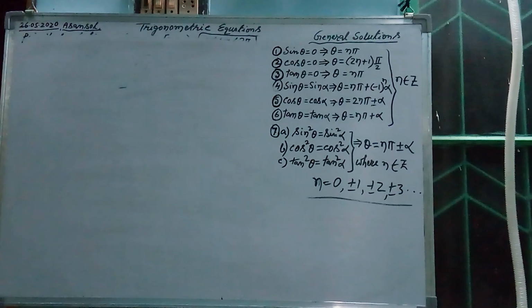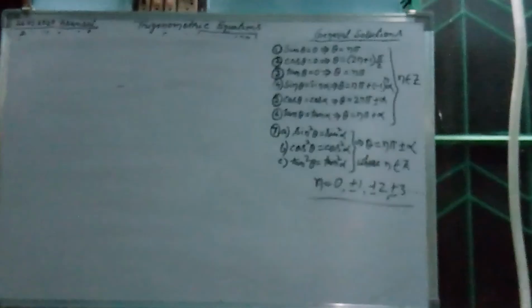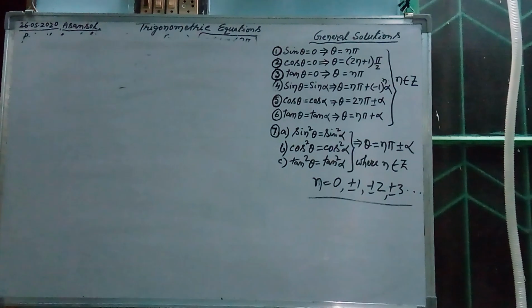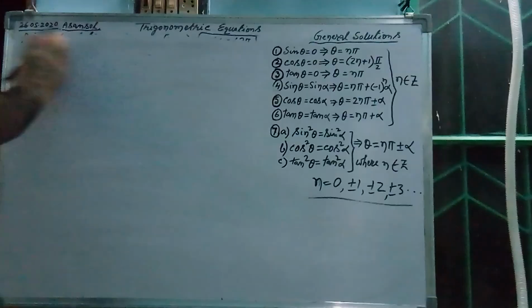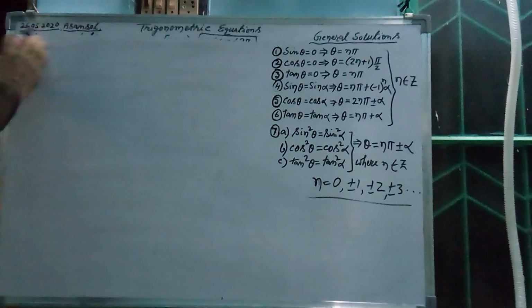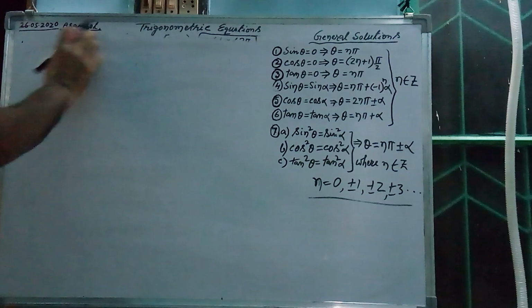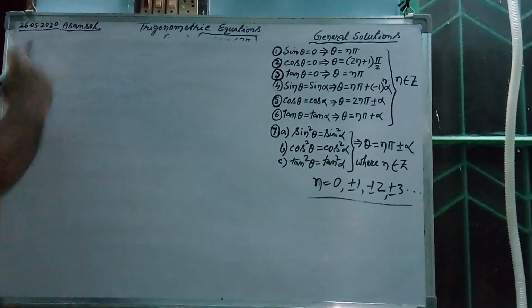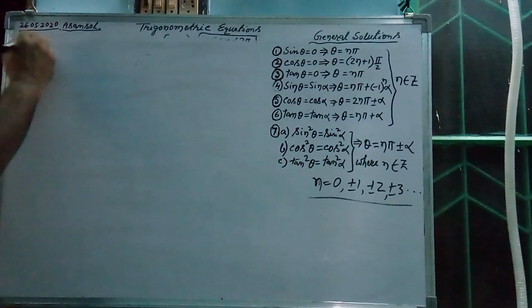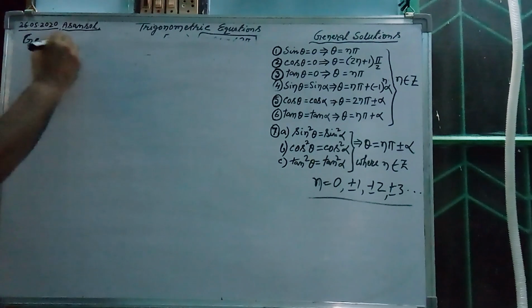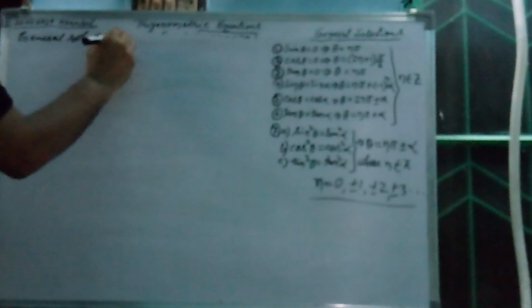General solutions. All possible solutions of a trigonometric equation are called its general solution. General solution will always contain n. What I said?